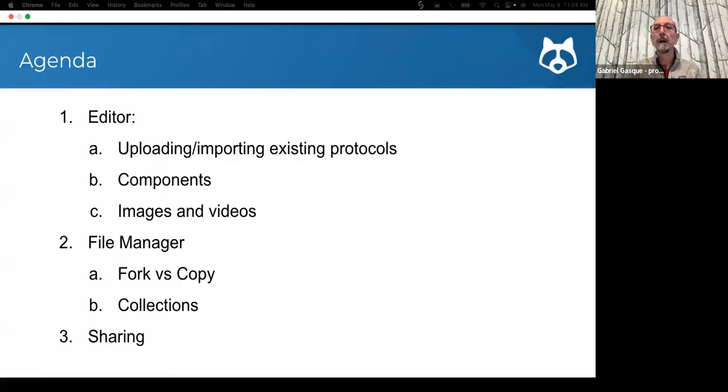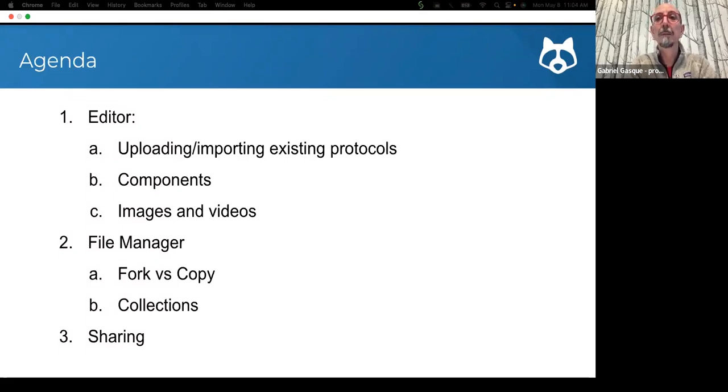So these are the topics that we will be covering today. I'll show you how to bring into the platform existing protocols in different formats. We will talk about the file manager, which is a tool to organize, archive, display, and audit your protocols.